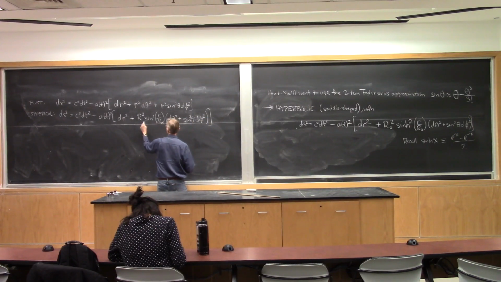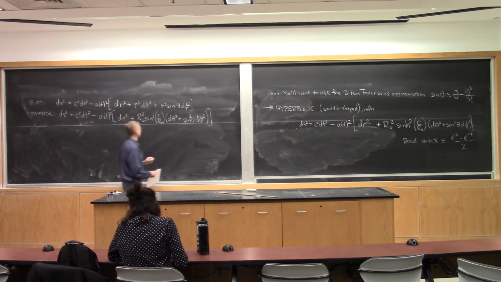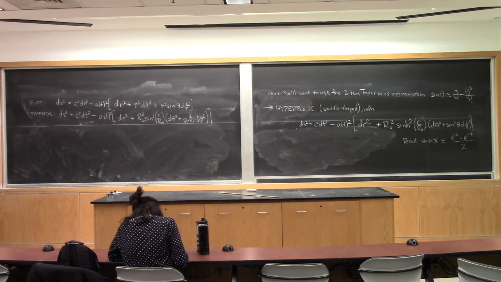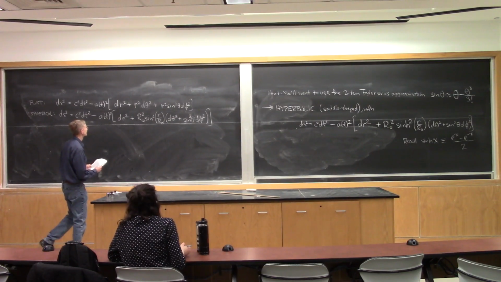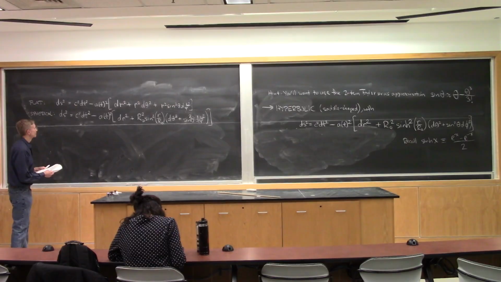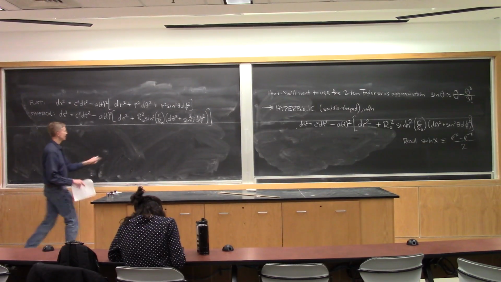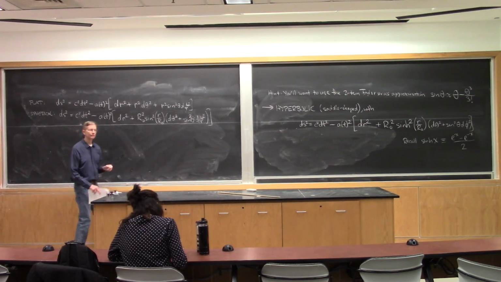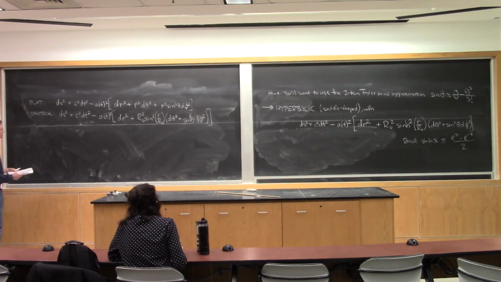This is supposed to be R naught because we have a radius of curvature when the scale factor is 1. So this is that polar angle coming in, again, in the fourth direction.